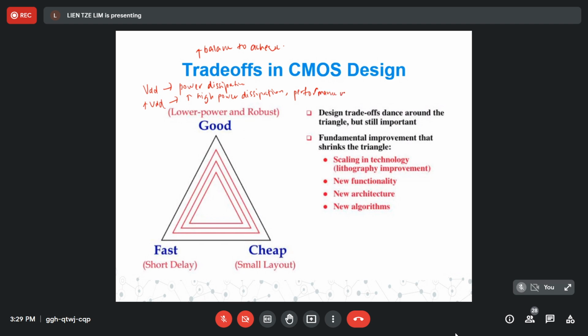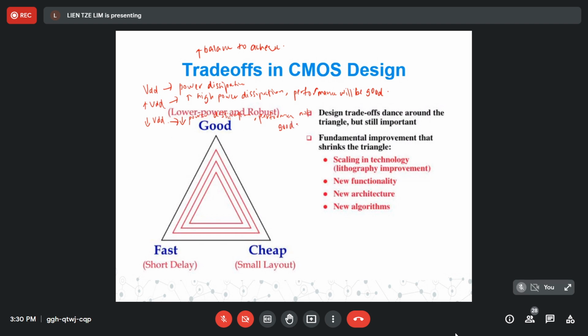If the supply voltage is low, then it means low power dissipation, but the performance may not be good.